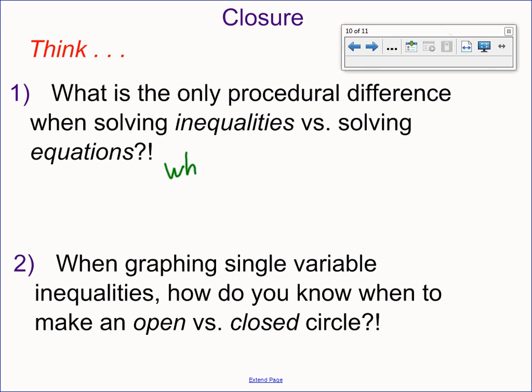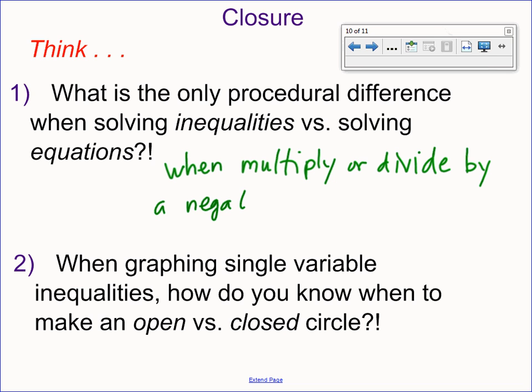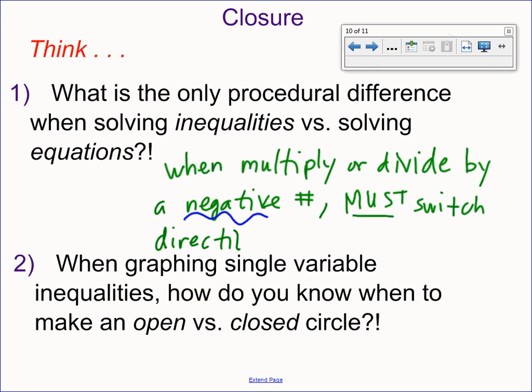So when we multiply or divide both sides by a negative number, then we must switch the direction of the inequality symbol.